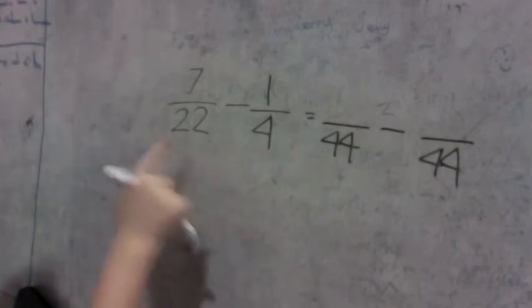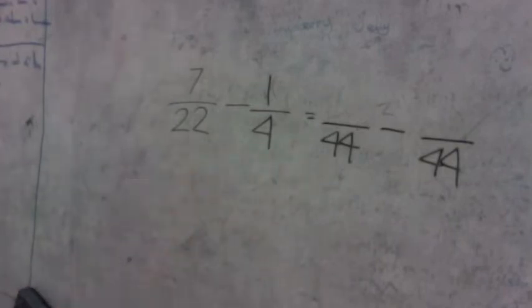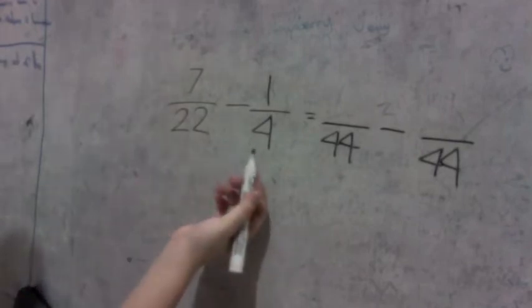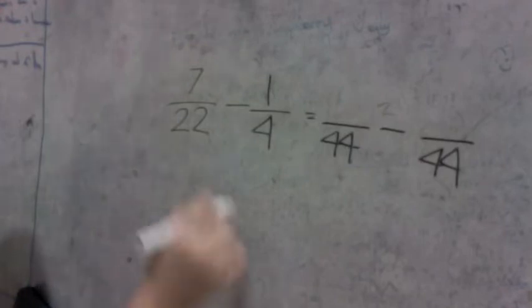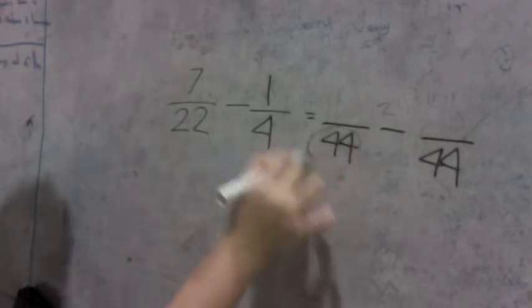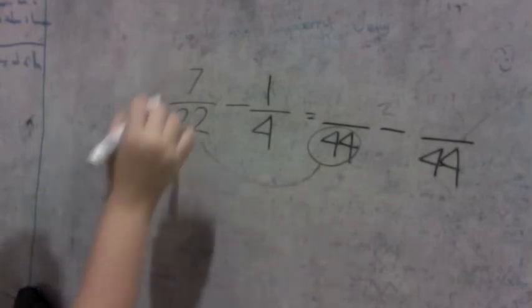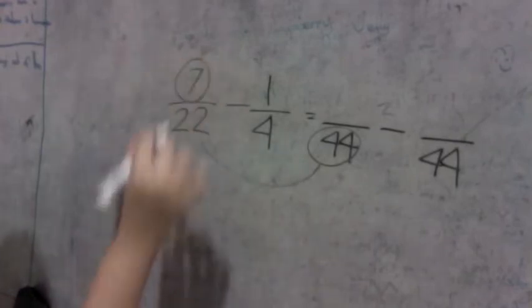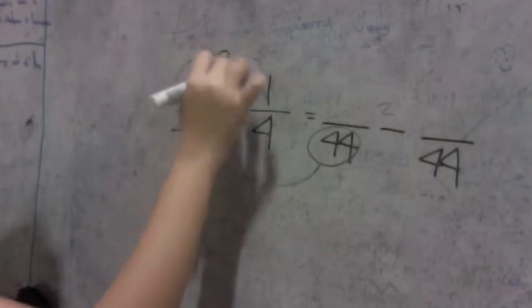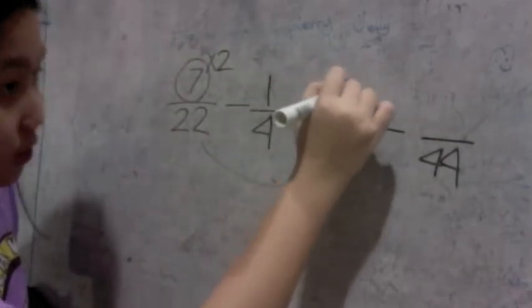Because 22 multiplied by 2 is 44, and 4 multiplied by 11 is 44. So 44 divided by 2 is 22, so the numerator has to be multiplied by 2, which equals 14.